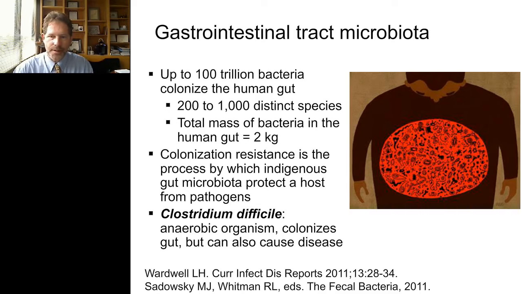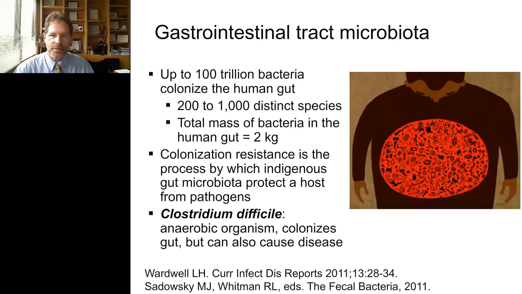And the composition of a healthy microbiota in the gut is felt to be protective, by providing what we call colonization resistance. So the presence of this diverse microbial community protects the host from particular pathogens that, in the absence of this community, may have an opportunity to cause disease.